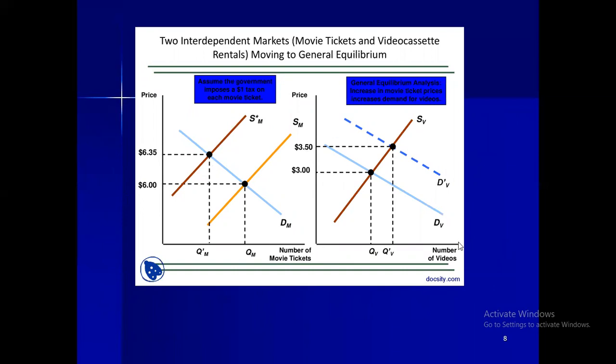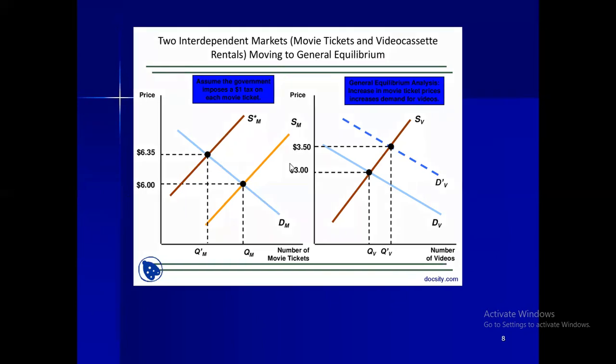The consequence of this tax will be on the number of videos. So the demand for videos will increase, and the price again goes up from 3 to $3.5, right? These are two interdependent markets of movie tickets and video games. This is the example of general equilibrium.